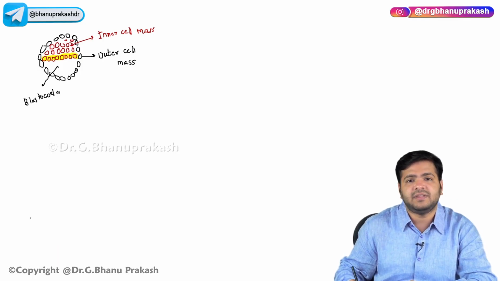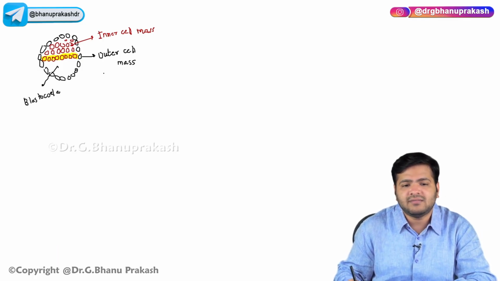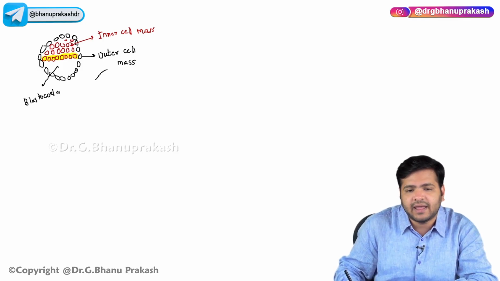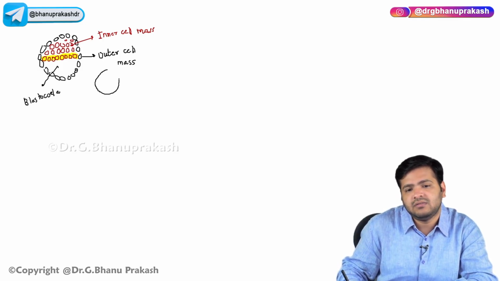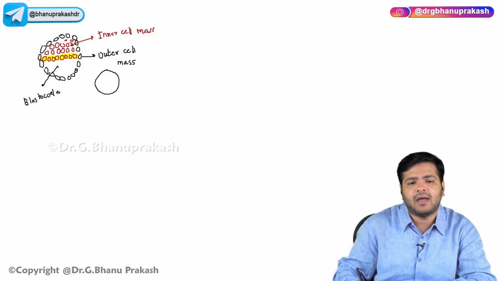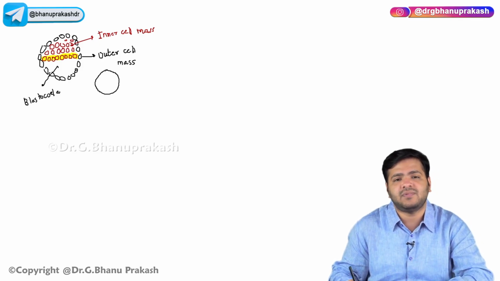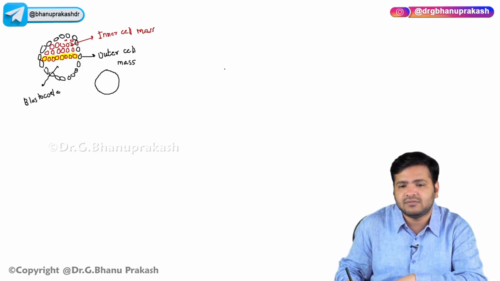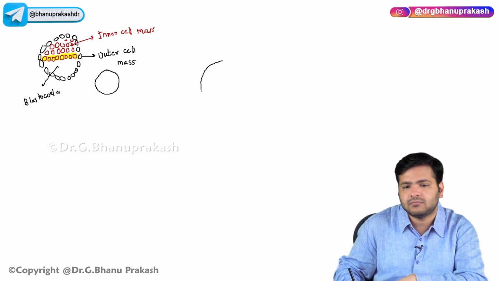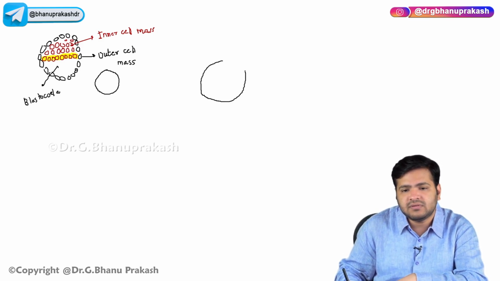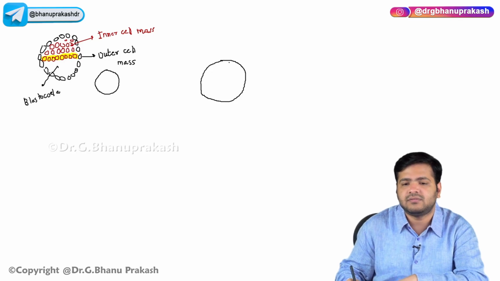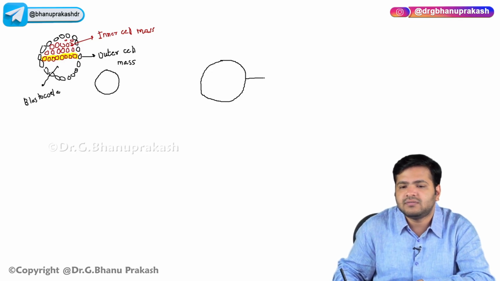So let me just draw it. Outer cell mass I will now be drawing as a single line, but remember, it is the cell only, right? And it is inconvenient to draw the cells every time. So yes, let me just draw it. Like you can see over here, this is the outer cell mass.